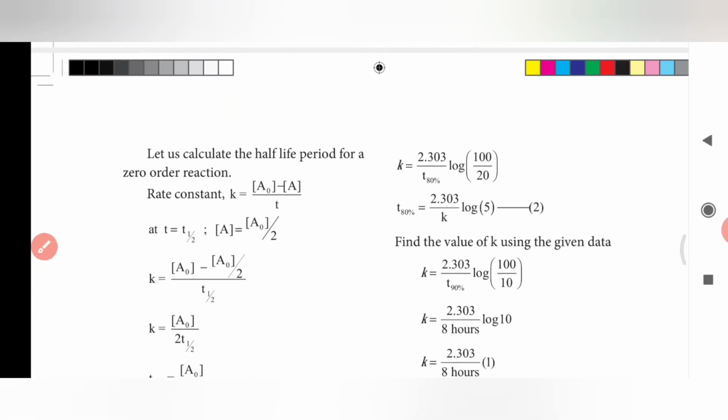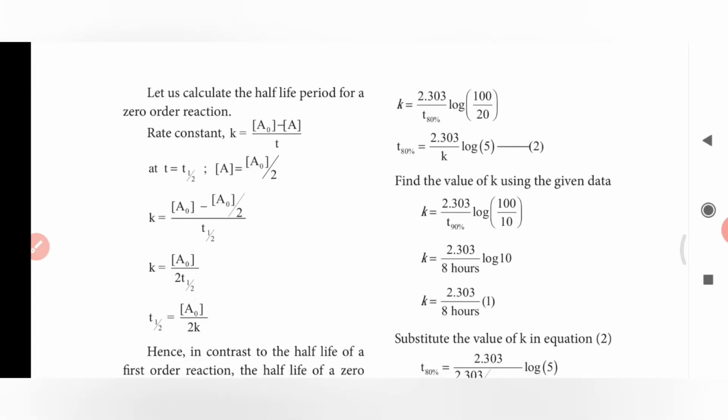Let's calculate the half-life period for a zero order reaction. The formula for a zero order reaction is K equal to the concentration a naught minus the concentration a, divided by t. The value of t is t half, and the value of a is a naught by 2.